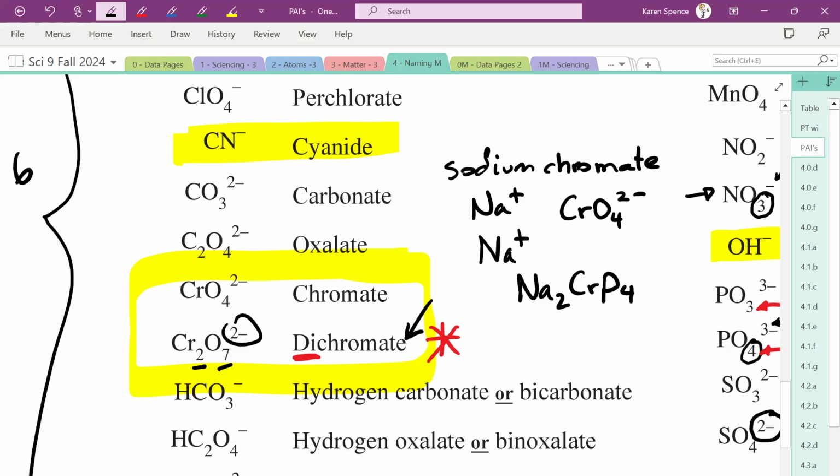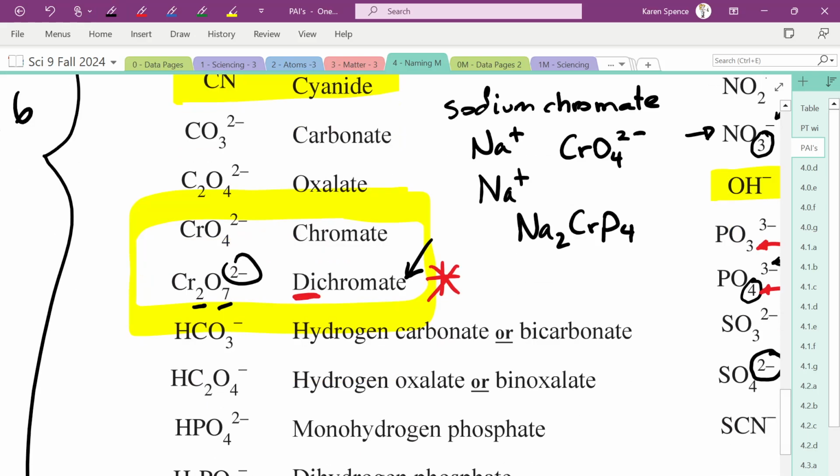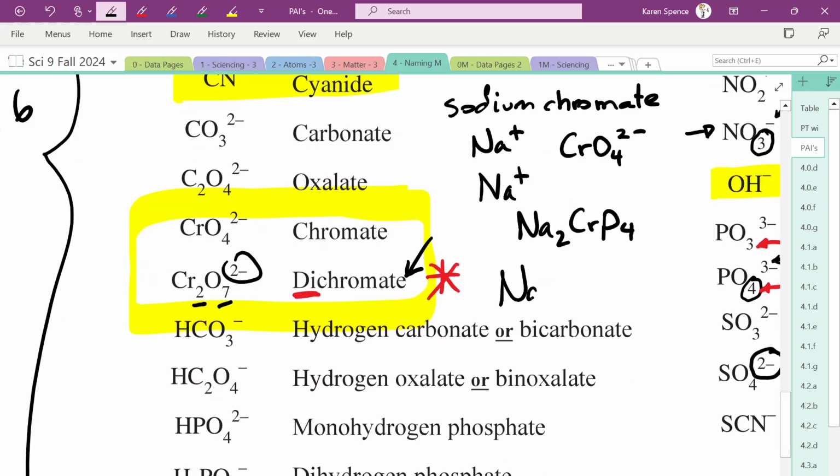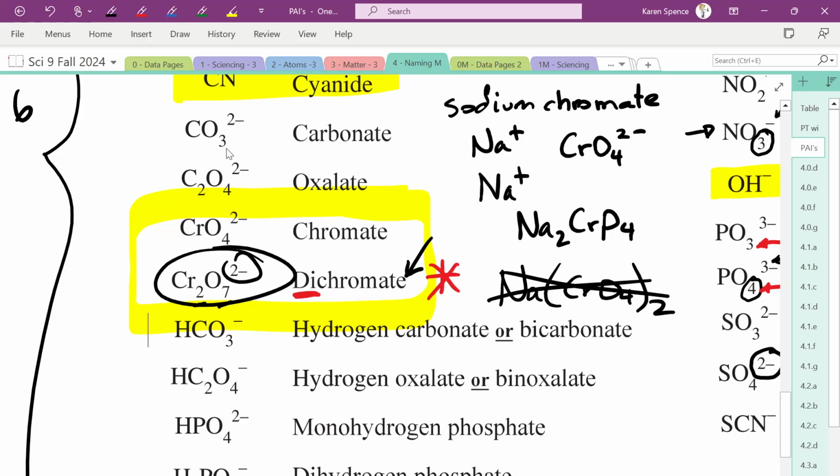Yeah, that would be sodium chromate. But if I had sodium dichromate, it's not going to be NaCrO4 2. That is not sodium dichromate. Sodium dichromate will use the Cr2O7 ion. I think I've got an example for it later on, so let's just pop back there and see if I do.